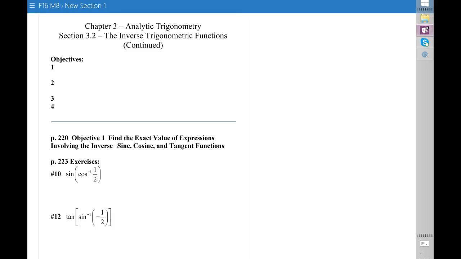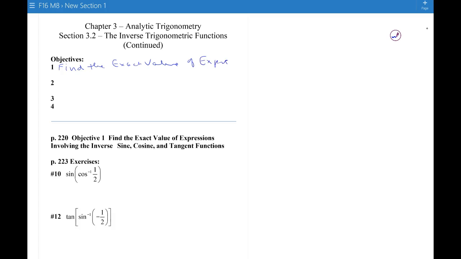So we're still in Chapter 3, Analytic Trigonometry, and we're working on Section 3.2 now, the inverse trigonometric functions continued. So here are our objectives. Find the exact value of expressions involving the inverse sine, cosine, and tangent functions.